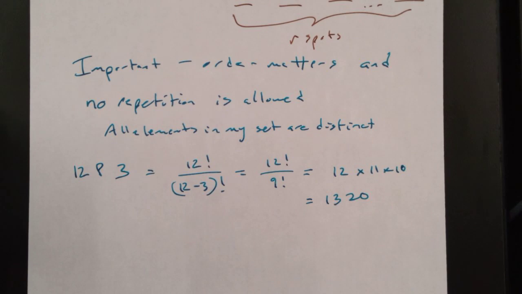Questions? Seems straightforward at the moment? I promise it gets weirder. But I like this. This is simply a compact way of writing out my multiplication formula. I have to be careful though. If I have a group of 5 and I want to line all 5 of them up, out of 5, pick 5.